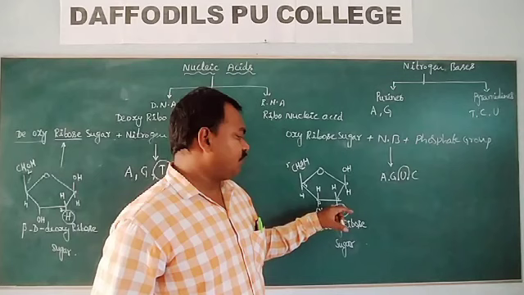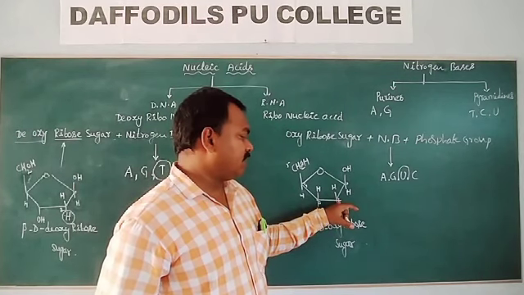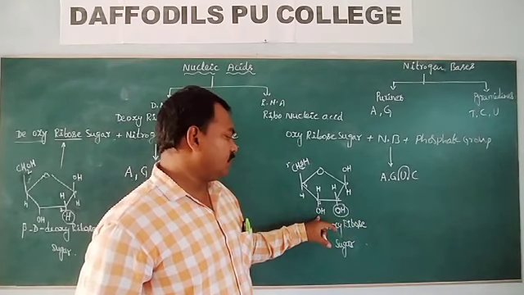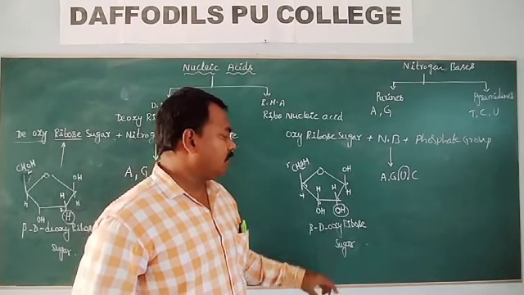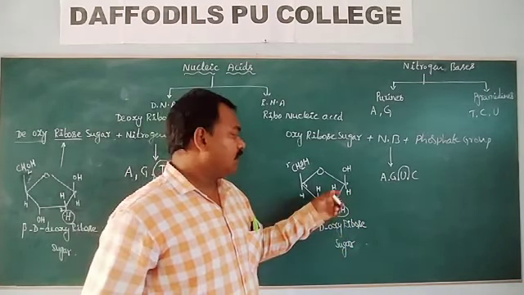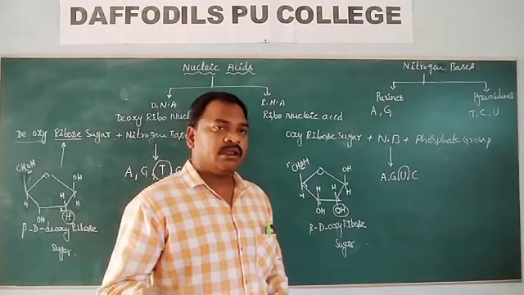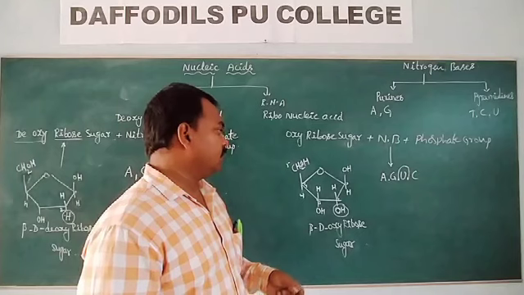In this furanose form, the second carbon has the OH group and the third carbon has the OH group at the bottom. The first carbon has the OH group above the plane.